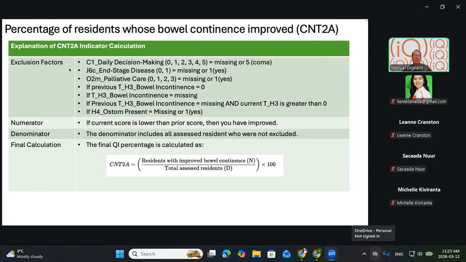So we're looking at the same exclusions. So daily decision making if you're comatose, end stage palliative. Now, if previously you were a 0, so you were completely continent, you cannot improve. So you will be excluded, and we're not even going to put you in the numbers.